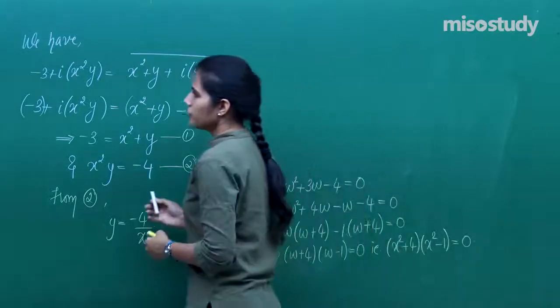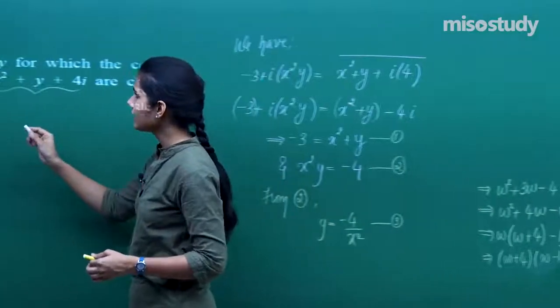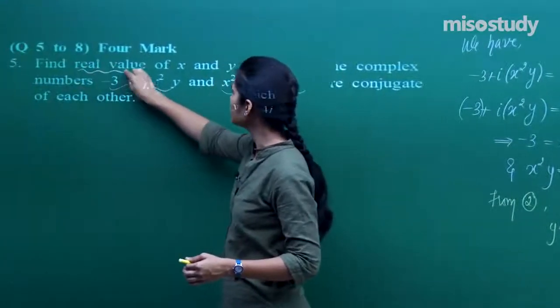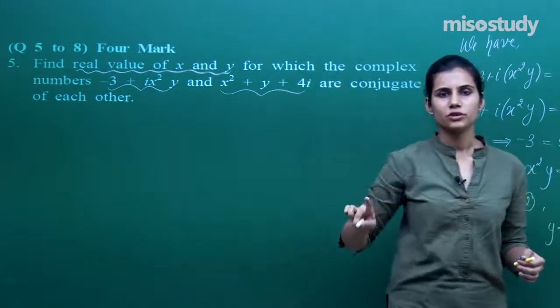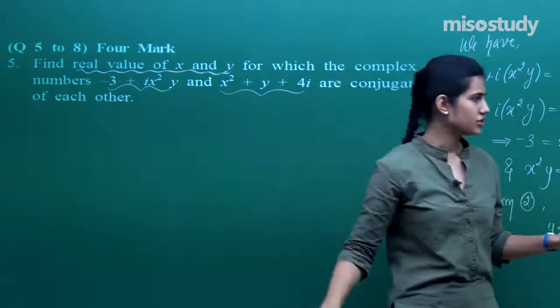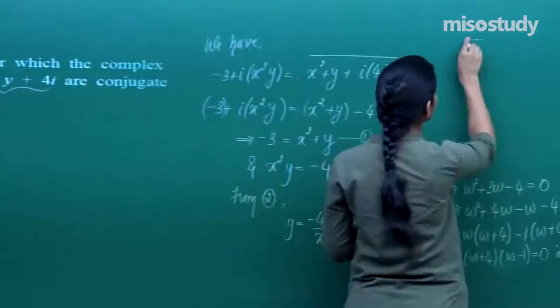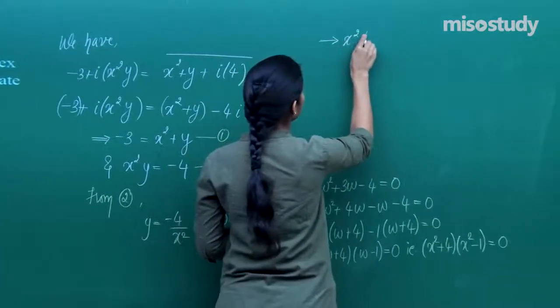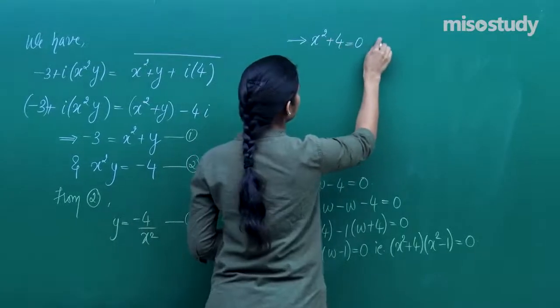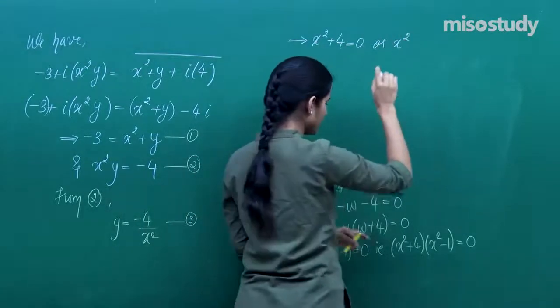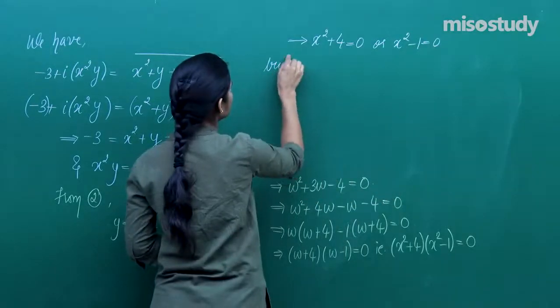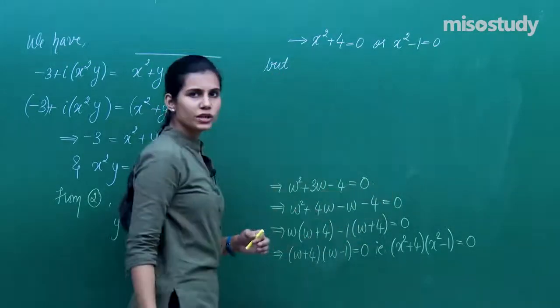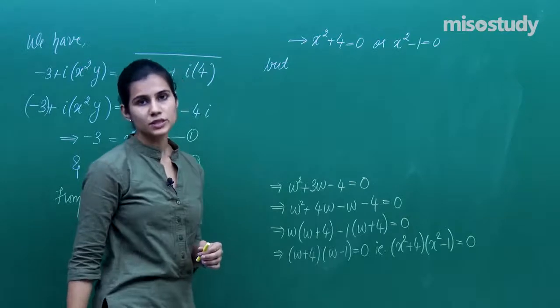First of all, please understand, look at the question again. I want real values of x and y. Complex numbers or imaginary values of x and y are not permitted in this question. I know that x square plus 4 equals 0 means x square equals minus 4.